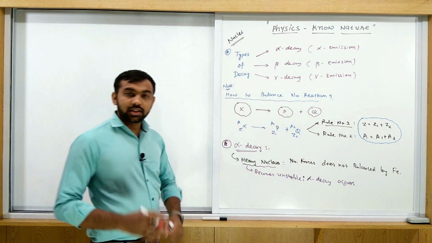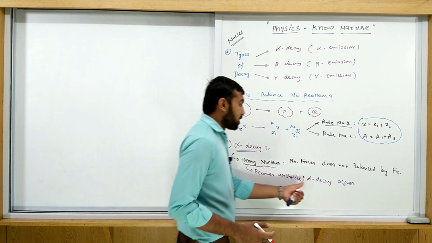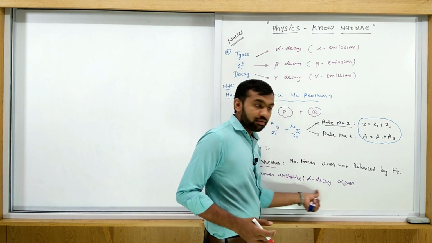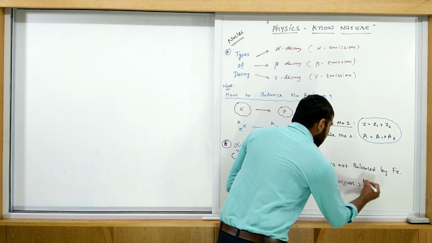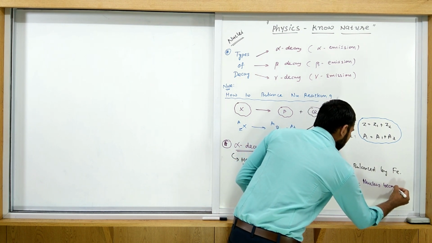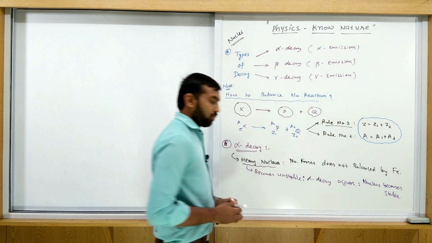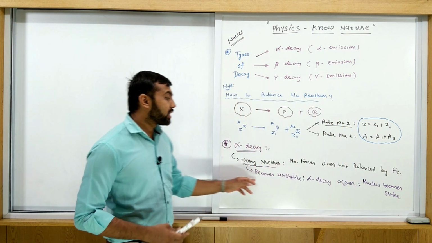When the alpha decay occurs, some energy is released from the nucleus. After releasing this alpha particle, the nucleus becomes stable. So this is the reason why alpha decay occurs.